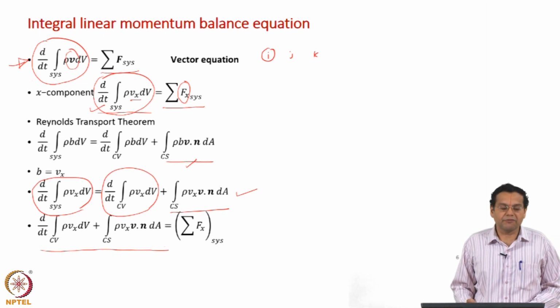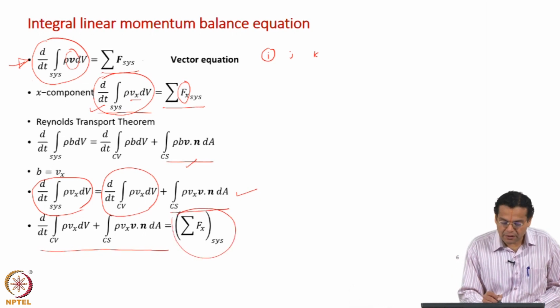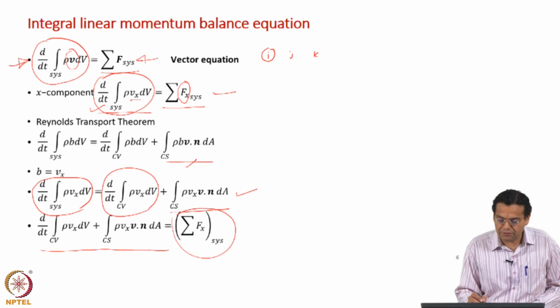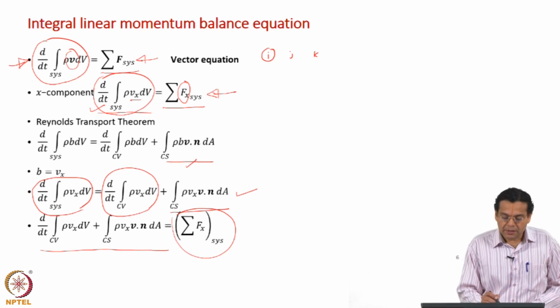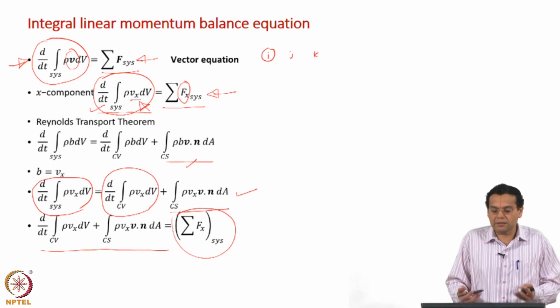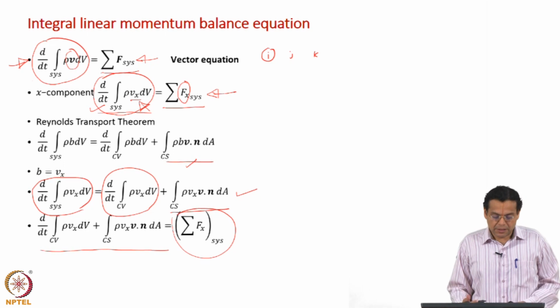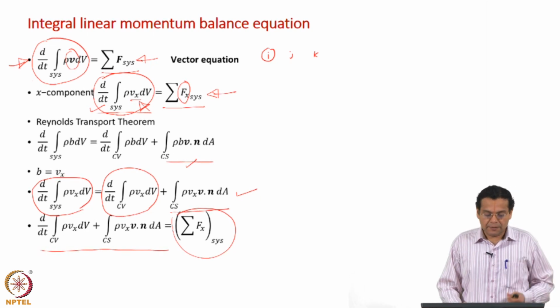Once again I want to emphasize that the right hand side, the force term, comes from the law of physics. What Reynolds transport theorem does is to replace the left hand side, which is in terms of system, in terms of control volume and control surface. The force term does not come from the Reynolds transport theorem, it comes from the law of physics.